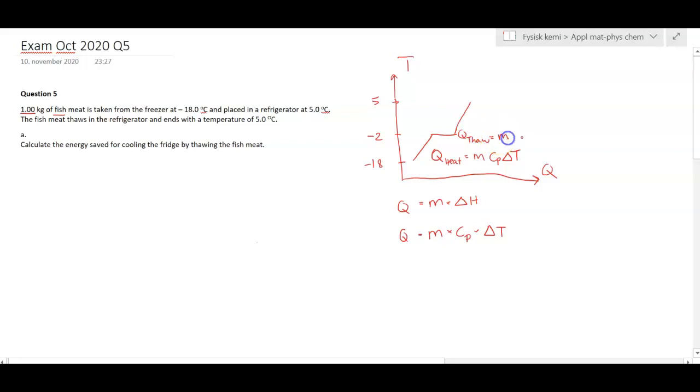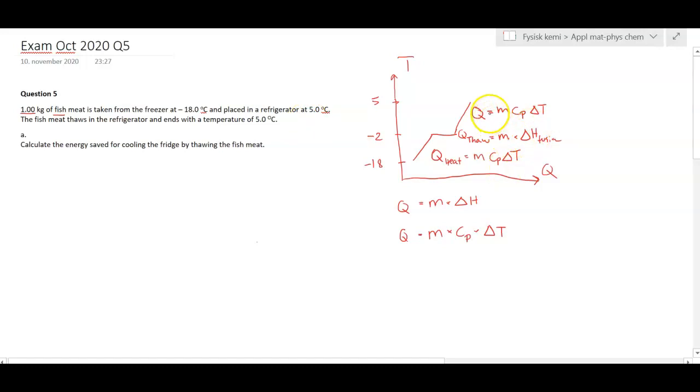That would be mass times the heat of fusion. And the last step here, Q equals again M Cp delta T. So the strategy for solving this is to look at the different steps in the process and looking at each different change at a time.